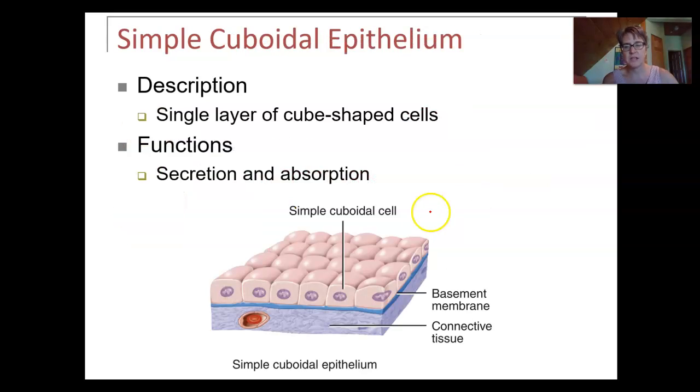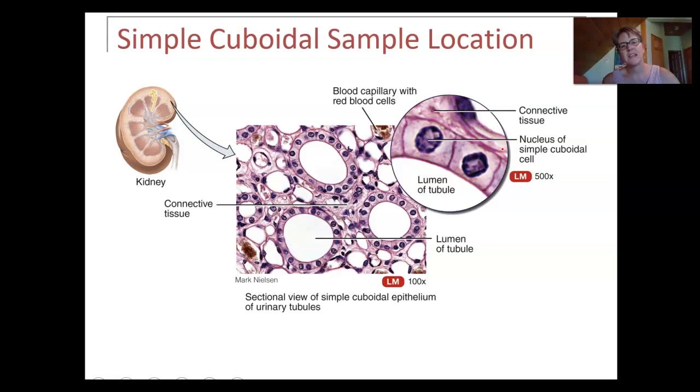Simple cuboidal is boxy. So again, it's a single layer, right? Because it's simple. So I'm one layer and I'm boxy. Single layer, boxy cells. So because I'm one layer, things are going to go across me again. So there's absorption and secretion. And you find these in certain areas of the kidney. Those of you that had me last semester.